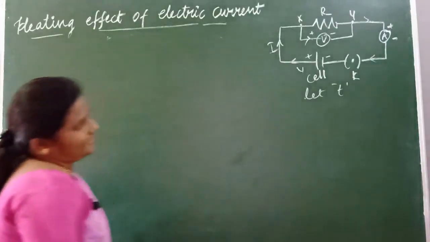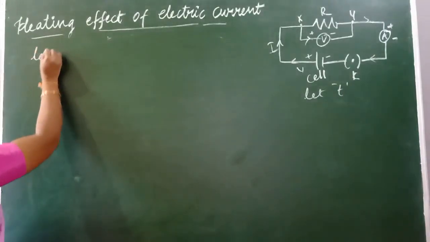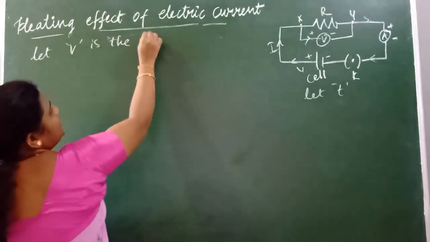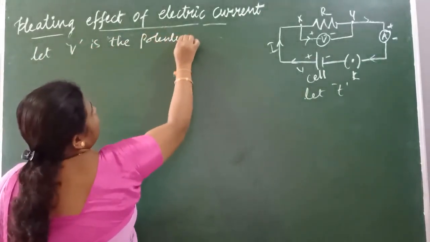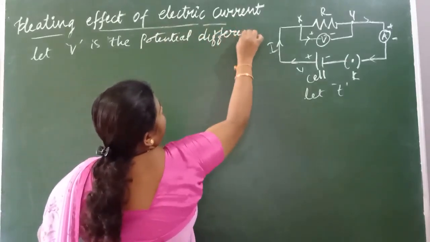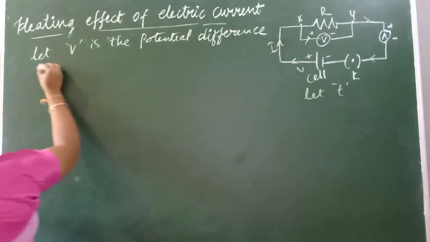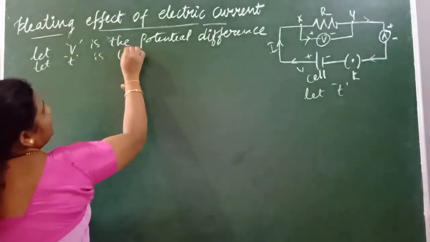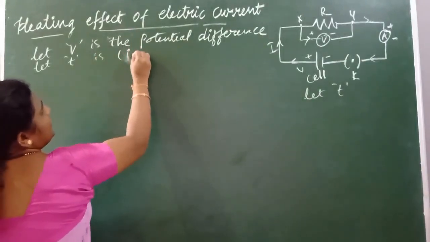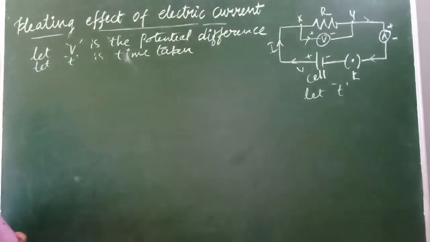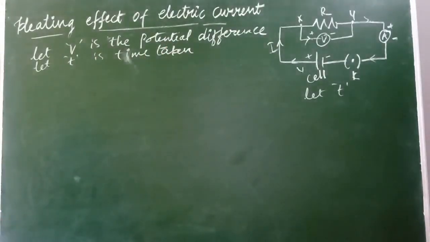The potential difference. Let V be the potential difference, and T the time taken through the potential difference in order to flow the charge, isn't it, children?